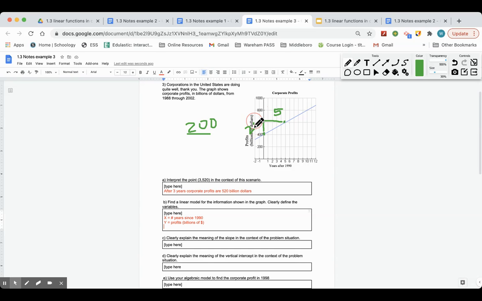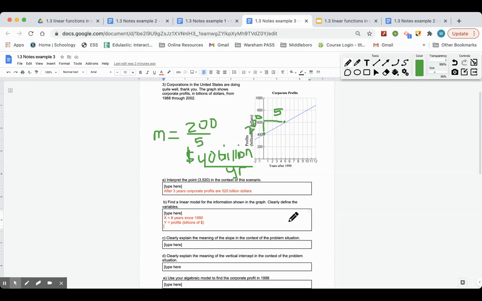So the slope is about 40, and that's $40 billion per year.